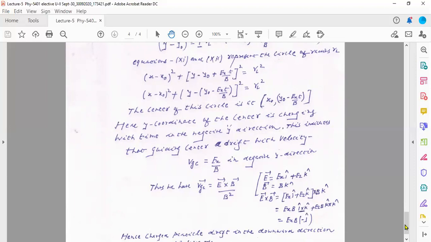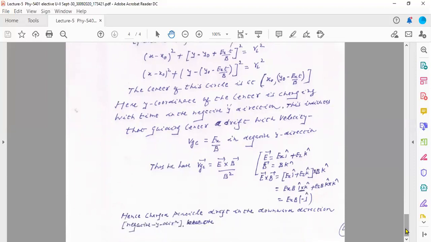So here the particle is drifting in a downward direction. And please remember, the drift velocity of the charged particle is independent of the charge carried by the particle, independent of the mass of the particle, and independent of the velocity of the particle.